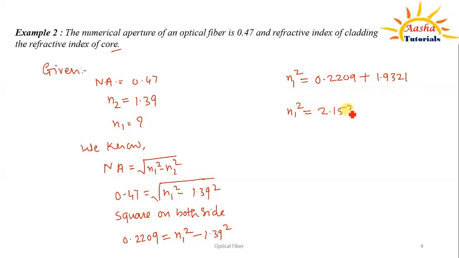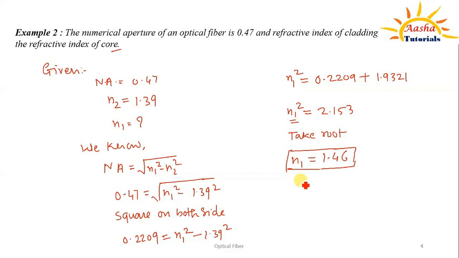2.153. As we want to find n1, take a root on both sides. So my value of n1 is approximately 1.46. This is the refractive index of core.